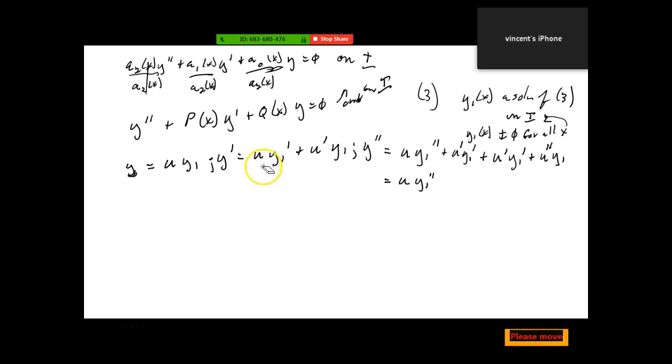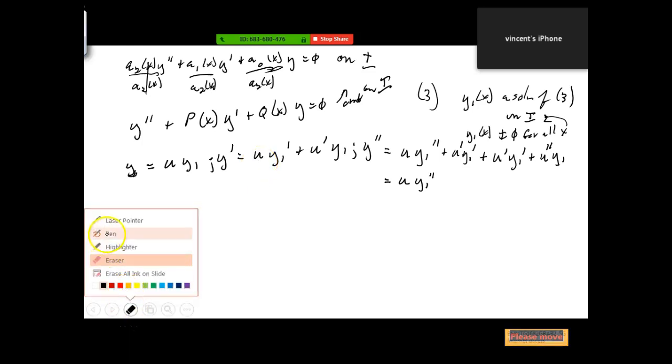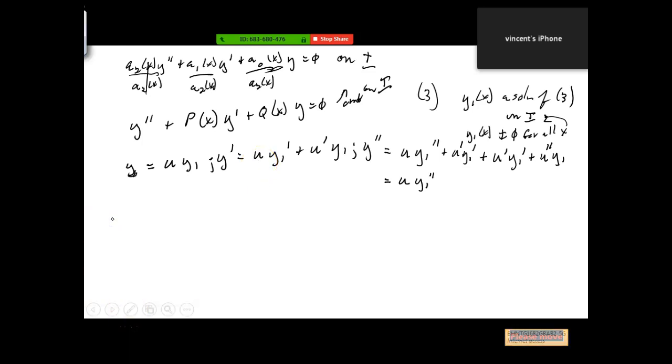Okay, sorry, I got carried away there. The product rule for the first one is u y1 double prime plus u prime y1 prime. The product rule for this one is u prime y1 prime plus u double prime y1. Okay?